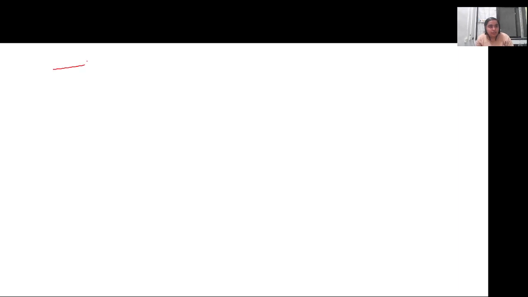In case of series network, if these are the two networks 1 and 2, in series connection the current should be equal, right?